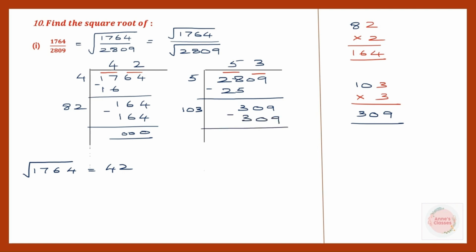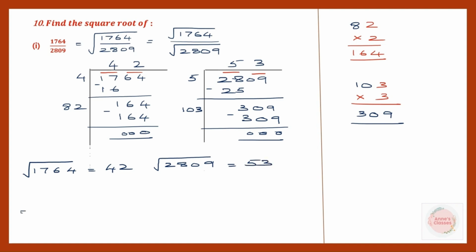When we minus this, we get 0. So now we have found the square root of the denominator also, and that is 2809. The square root is 53.